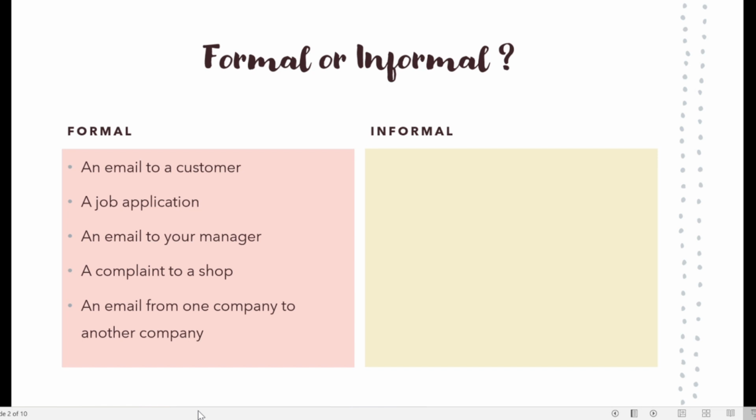Meanwhile, we write informal emails when we want to be friendly or when we know the reader well. A lot of social emails are informal. You can use this kind of informal email for those with whom you have a very close relationship.